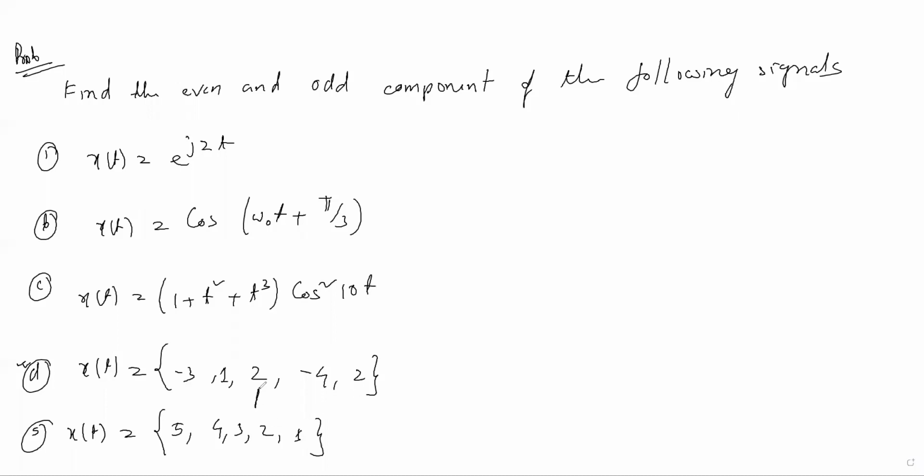Here one arrow is there in between; this arrow implies that 2 is at time n equal to 0. This is for n equal to minus 1, this is for n equal to minus 2, this is for n equal to 1, this is for n equal to 2. You should know very well for discrete time signals also. I am not going to solve all the things for discrete time; you should visualize and replace the t with the n.